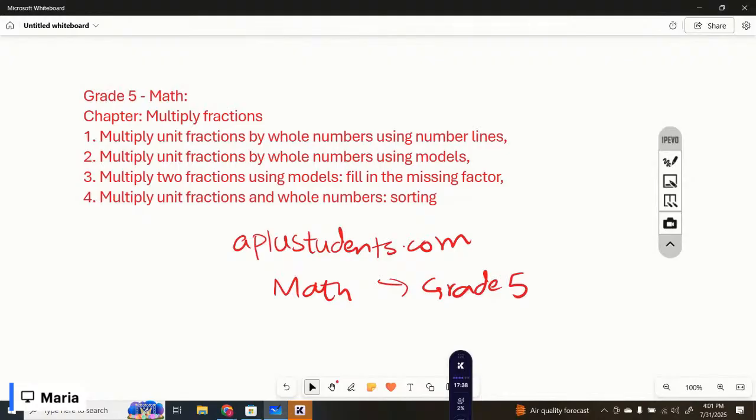Here you can find a list of the chapters. We're going to start with the chapter multiply fractions. The lessons we're going to cover today are multiply unit fractions by whole numbers using number lines, multiply unit fractions by whole numbers using models, multiply two fractions using models, fill in the missing factor, multiply unit fractions and whole numbers sorting.